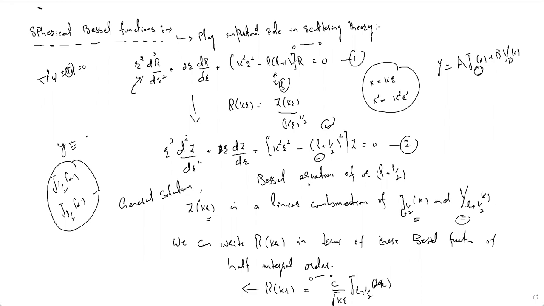This is a principal quantum number in quantum mechanics. So I will write those spherical Bessel functions in terms of the original Bessel functions. Since it is a second order differential equation, it has two linearly independent solutions: one is Jn of x and the other is Yn of x.